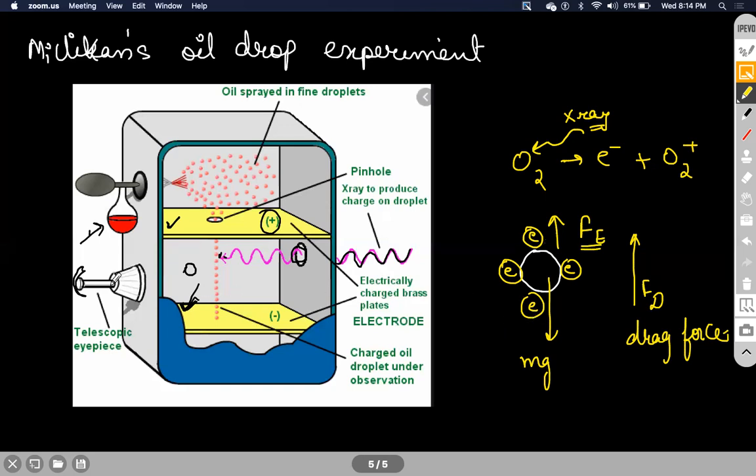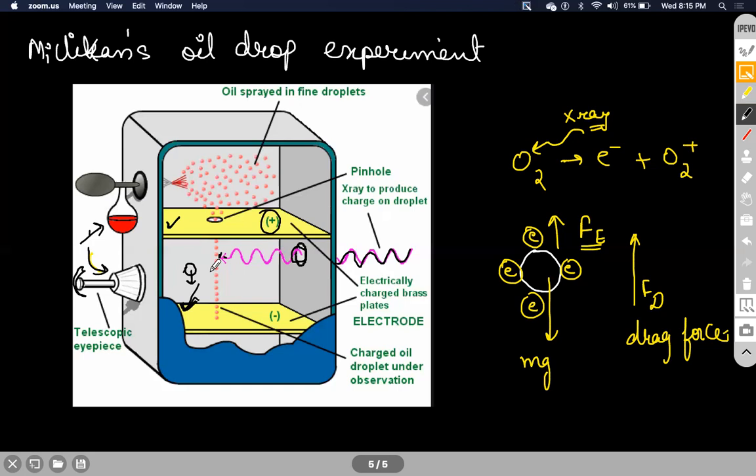So what happened when it was observed through the telescope? What was seen? Some oil droplets are falling with a very slow speed. Some are falling very fast. Some oil droplets remain suspended in air.